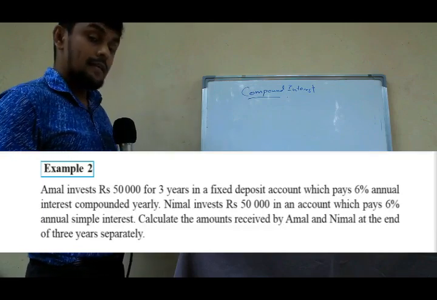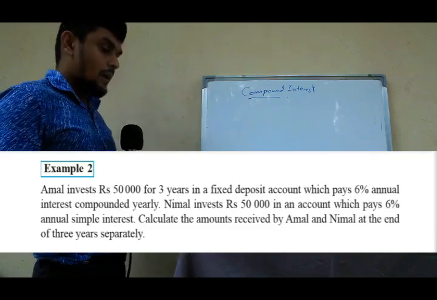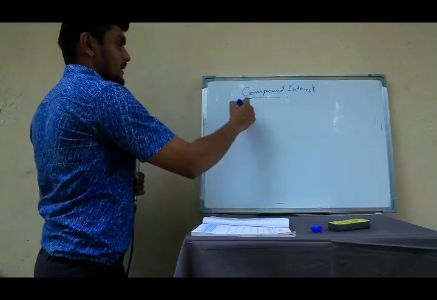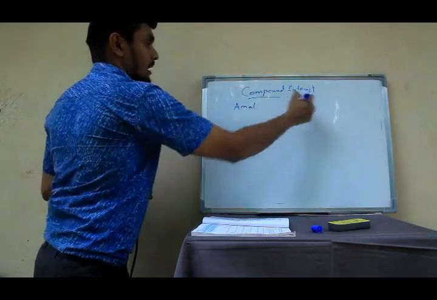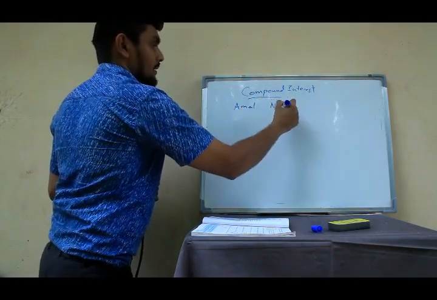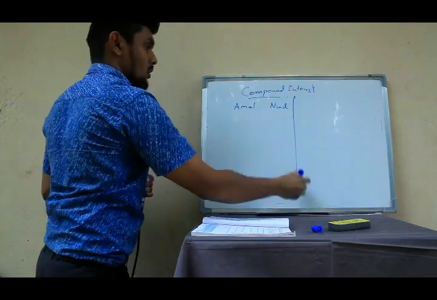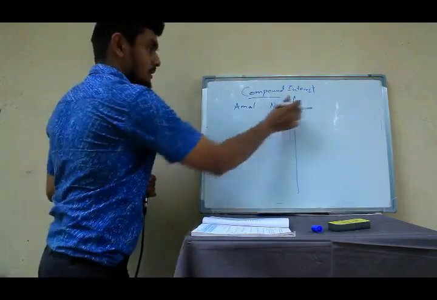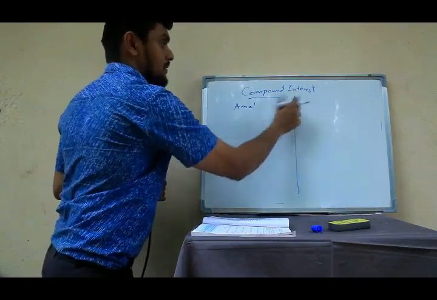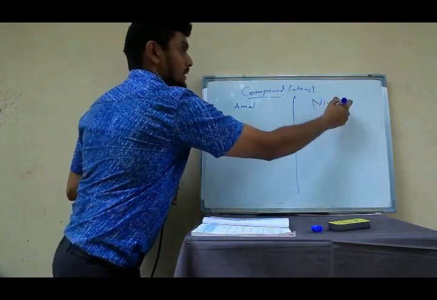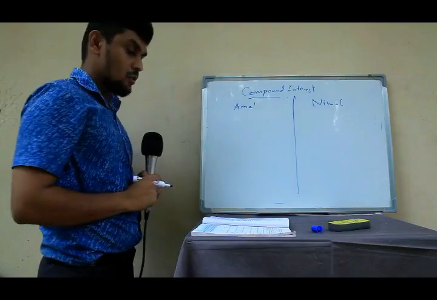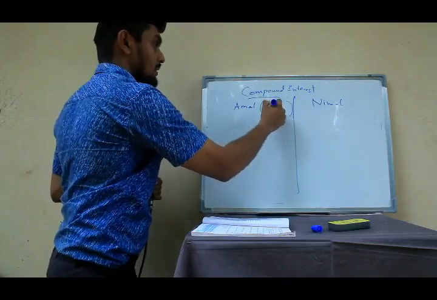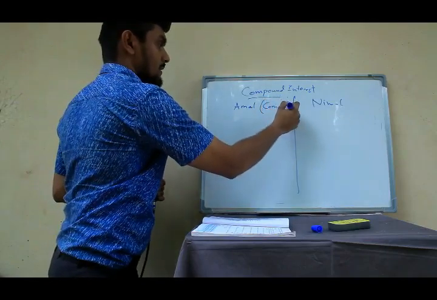So there's a 3 year period. The amount invested is 50,000. Here is Amal, here is Nimal. Amal's investment and Nimal's investment. I will put Nimal here because Amal used the compound method.